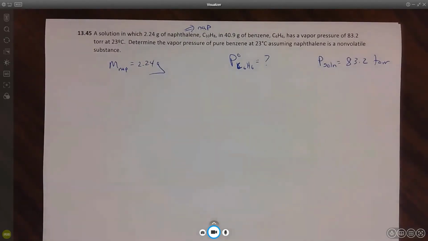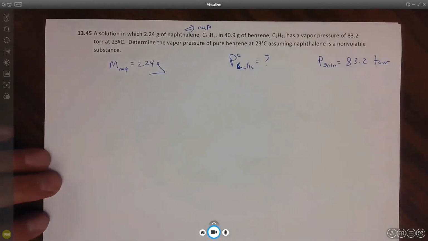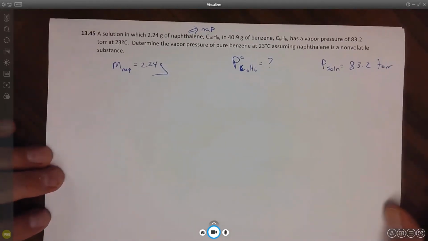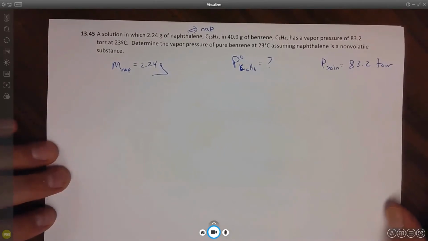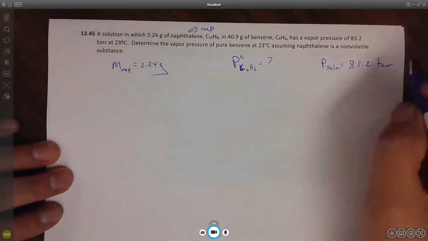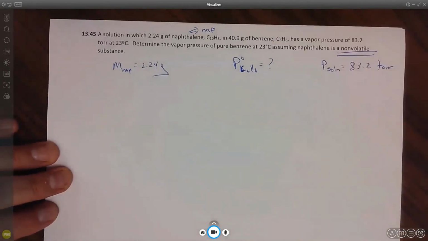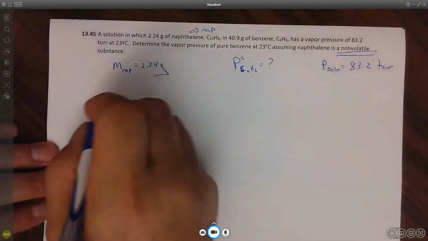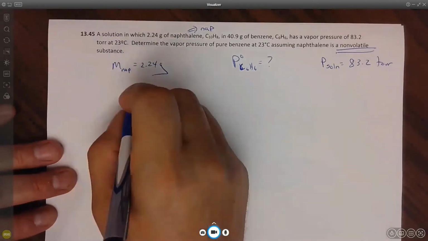Raoult's law. Okay. There's Raoult's law. Yeah, it's a solid and it's non-volatile. It tells you it's non-volatile. So what is that equation then?